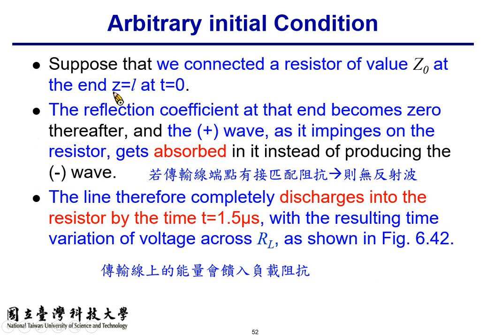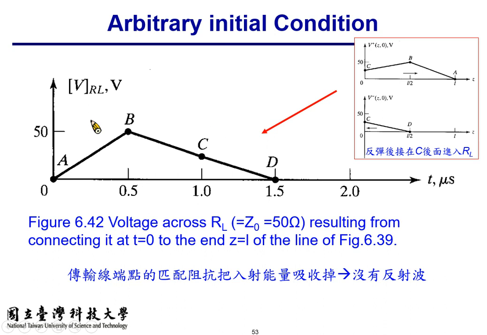So there will be no reflected wave. And the line is therefore completely discharged into the resistor by the time t equals 1.5 microseconds, with the resulting time variation of voltage across RL as shown in the next figure.